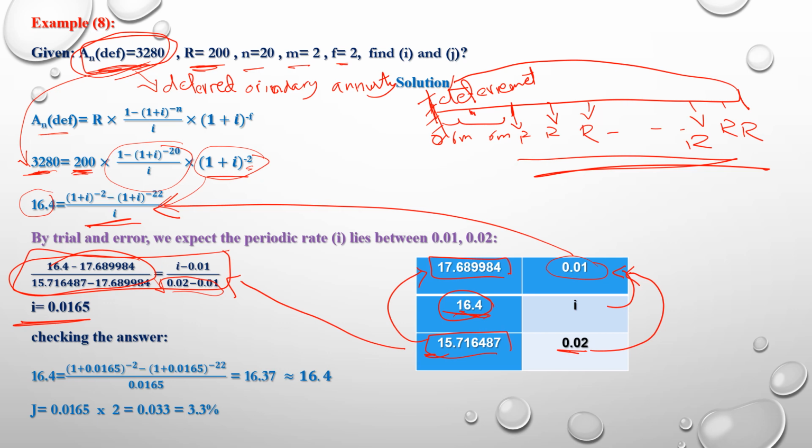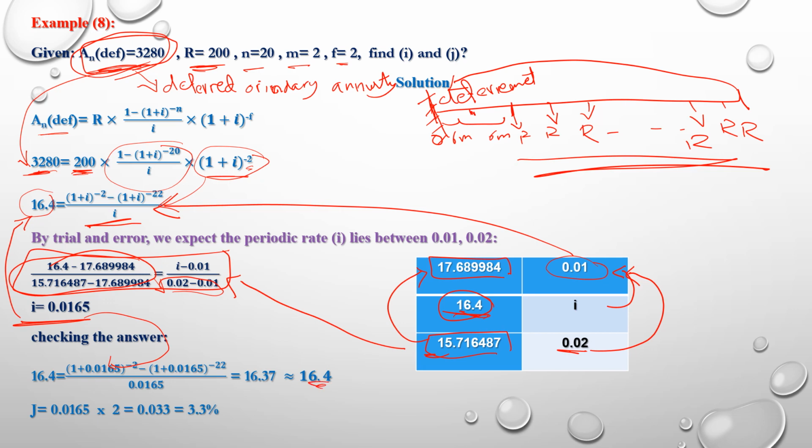0.0165. To check the answer, we will substitute the value of i in this formula, as you see here. So 16.4 equals (1 plus the i that we just found) to the power of minus 2 minus (1 plus i) to the power of minus 22 over i, and this would equal 16.37, which is approximately 16.4.